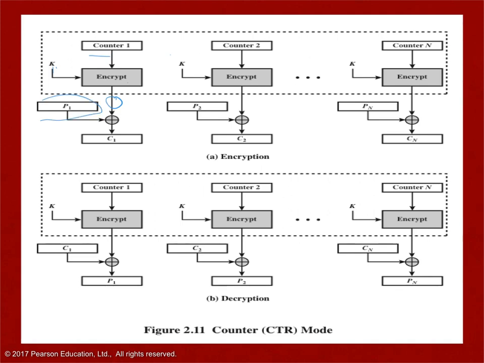Here it applies to the entire plain text, so no S bits anymore. And remember, there's no chaining here, which means the cipher text is based on the plain text and the key, and a counter which can be somewhat guessed, but it's fine because we use that as a seed to generate a random sequence.